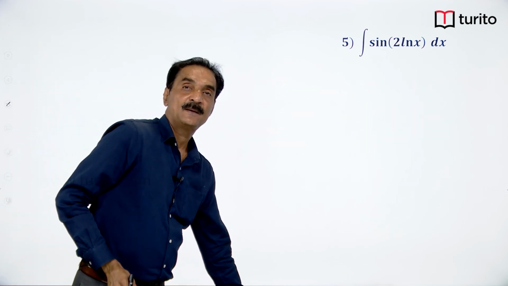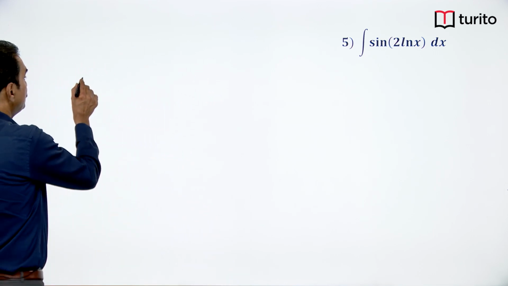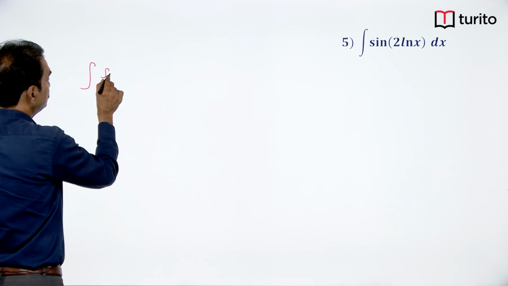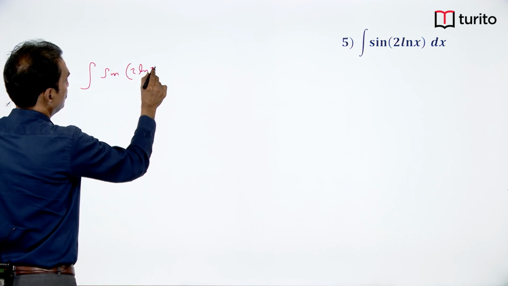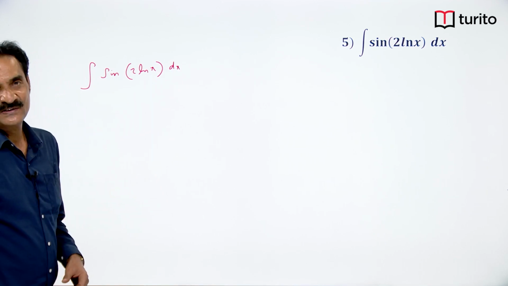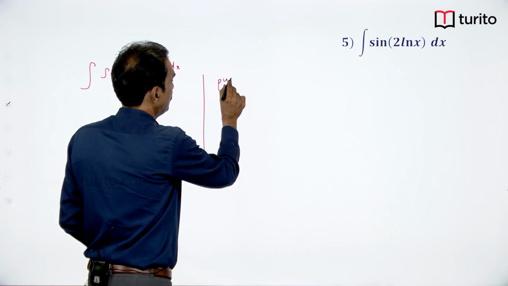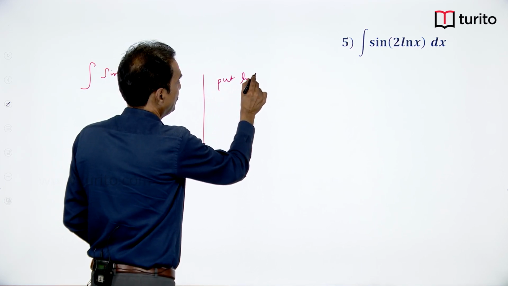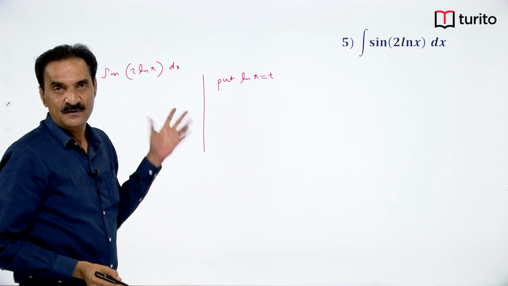Integral of sine of 2 ln x. Put ln x is equal to t. Its derivative is 1 by x, not there.